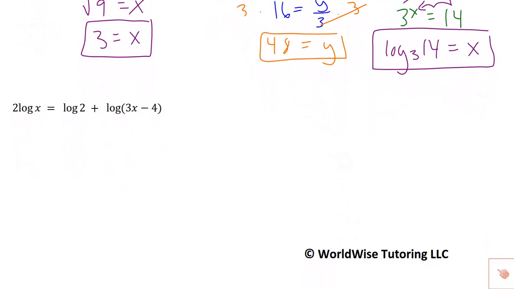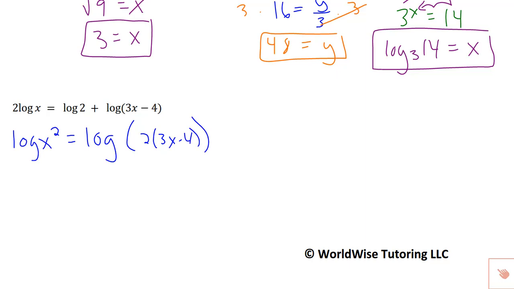Again, on the first two, I saw something equals something, and here I have something equals something plus something. So let's do some simplifying first using our condensed rules. I'm going to take that 2 and bring it up as an exponent. And these two things that are being added, I'm going to rewrite as a single log being multiplied.